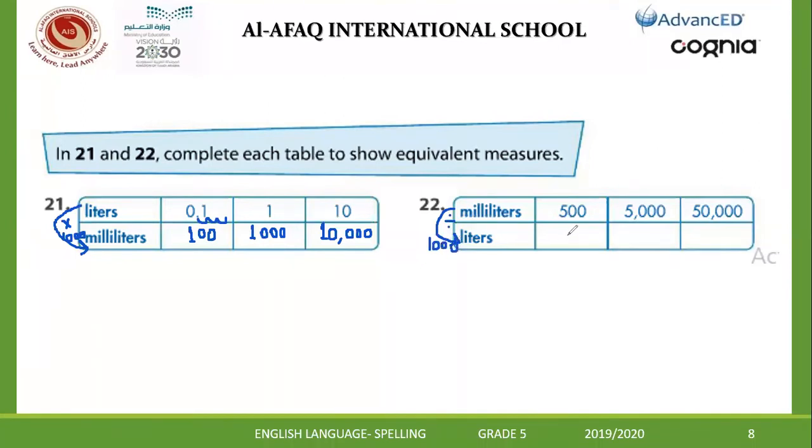What about 500 if you divide it by 1,000? 0.5. Great. I can show this division using a fraction, 500 over 1,000.